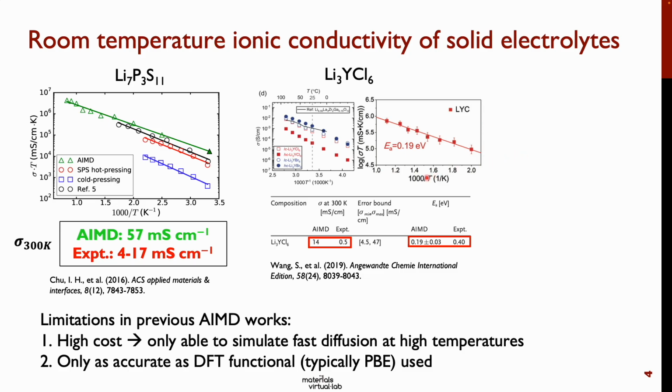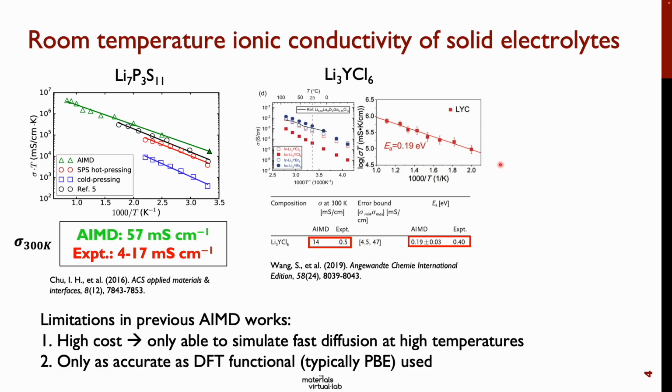So we trace back the inaccuracy of AIMD results to two problems, or two limitations, in AIMD works. The first is the high computational cost. Because of the high computational cost, AIMD can only be applied to study fast diffusion, which is in the high temperature region.